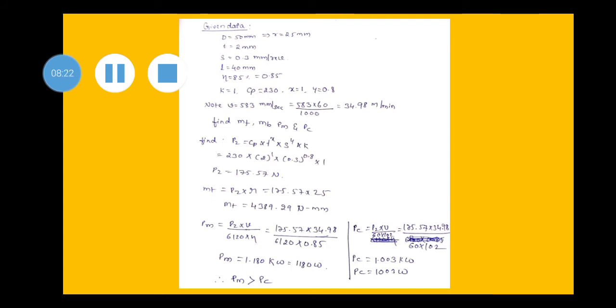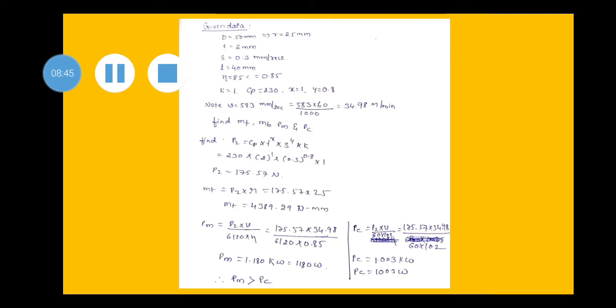To find Pz: Cp into T raised to x into S raised to y into K. Cp is 230, depth of cut 2 raised to x is 1, into feed 0.3 raised to y is 0.8, into 1, that is Pz is equal to 175.57 Newton. Mt is Pz into r is equal to 175.57 into 25.